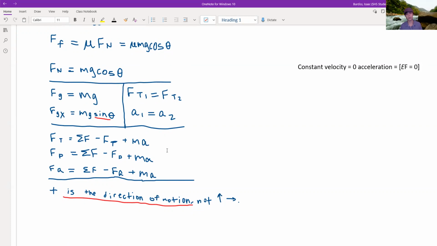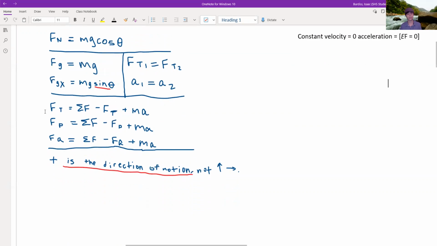So mu is higher for grass than snow. The normal force is mg cosine theta. The gravity force is just mg, and it can be mg sine theta for the x direction, but we'll talk about that later.